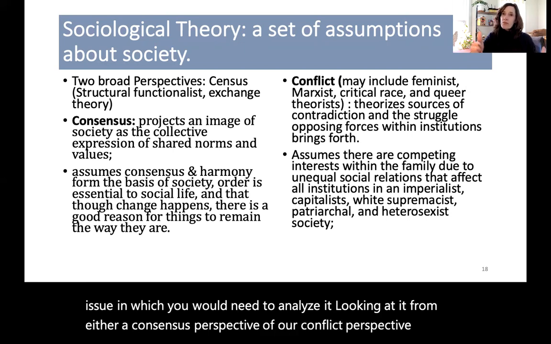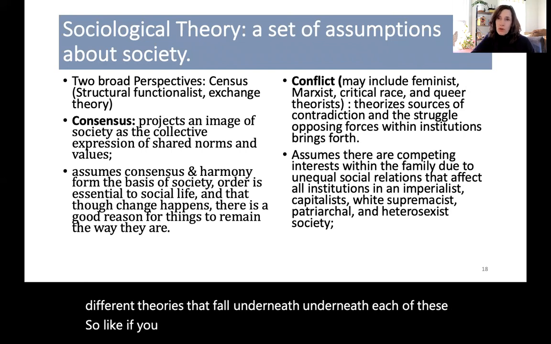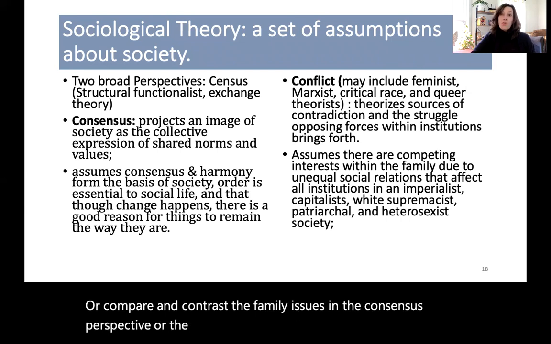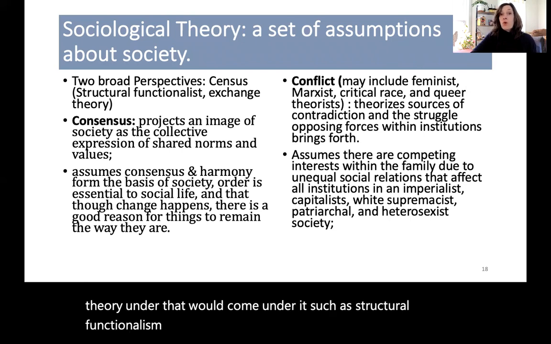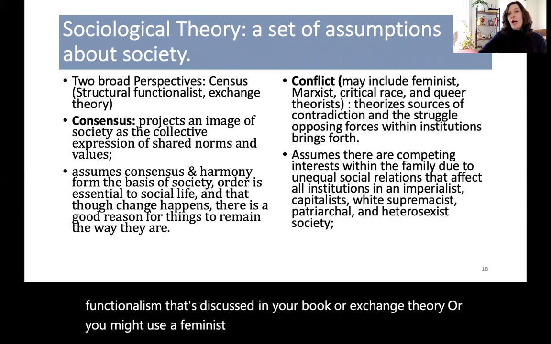There are different theories that fall underneath each of these. So if I said, compare and contrast a family issue using the consensus perspective or the conflict perspective, you may choose a specific theory that would come under it, such as structural functionalism, as discussed in your book, or exchange theory. Or you might use a feminist theory.